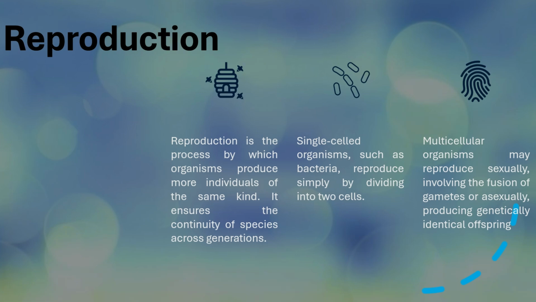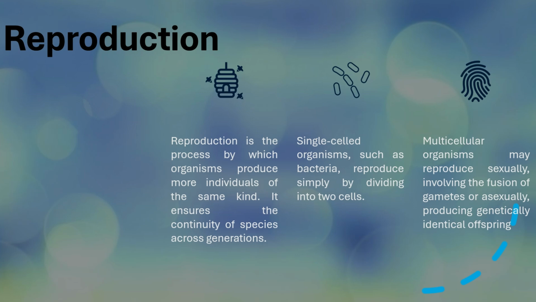And second, there is asexual reproduction. This is where one parent produces offspring that are genetically identical to itself, like natural biological clones. Whether it is a tiny bacterium or a giant whale, reproduction is essential for the survival of the species over time. So life moves, breathes, grows, and reproduces.